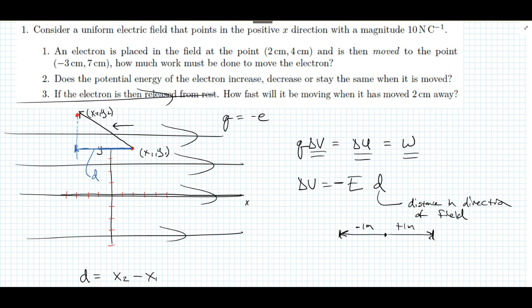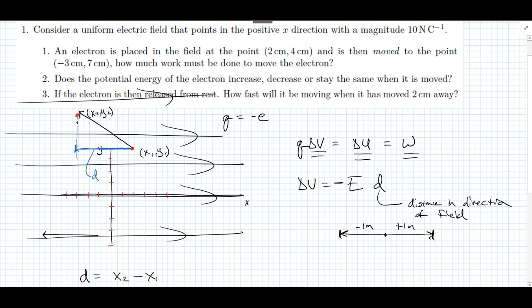Now in terms of potential, I can answer that question like this. I know that if I move in the opposite direction of a field line, the electric potential is going to increase. And here I am moving in the opposite direction of a field line, from left to right. So the electric potential must increase as I move from point 1 to point 2.